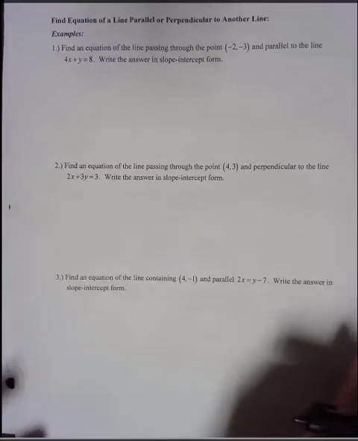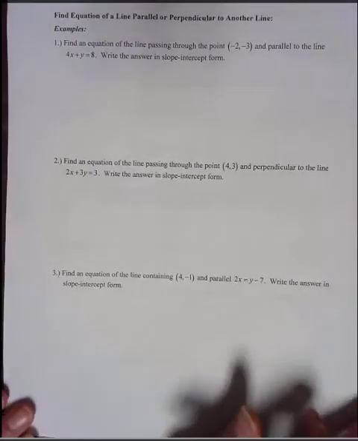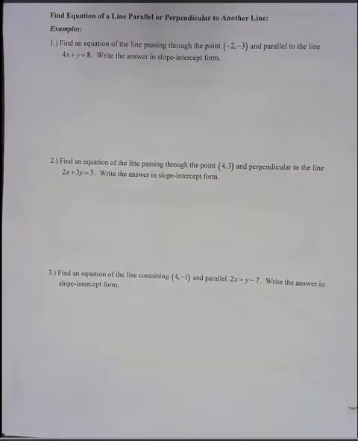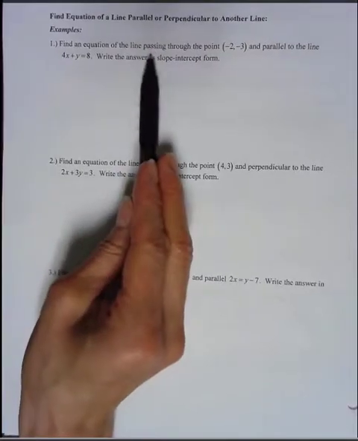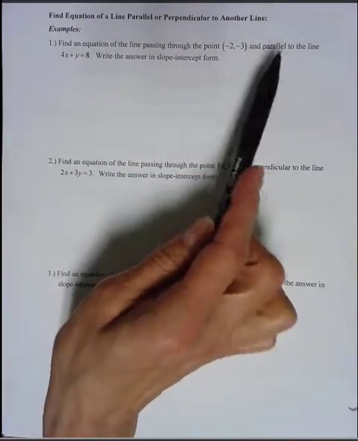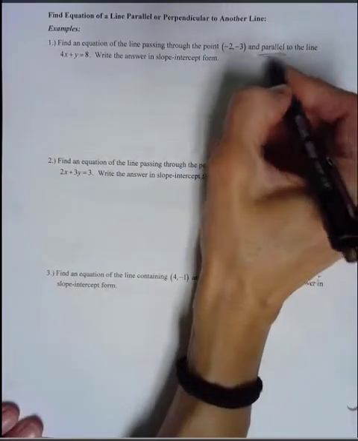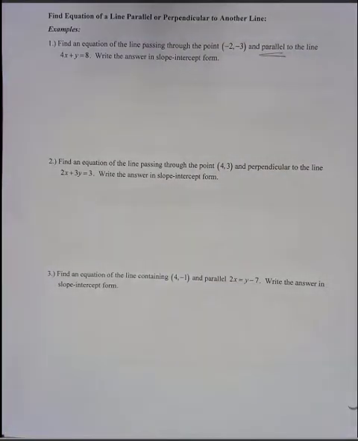And we are going to take a look at an example dealing with finding equations of lines parallel or perpendicular to another line. So given the first one here, it says find an equation of the line passing through this point and parallel to the line 4x plus y equals 8. Write the answer in slope-intercept form.